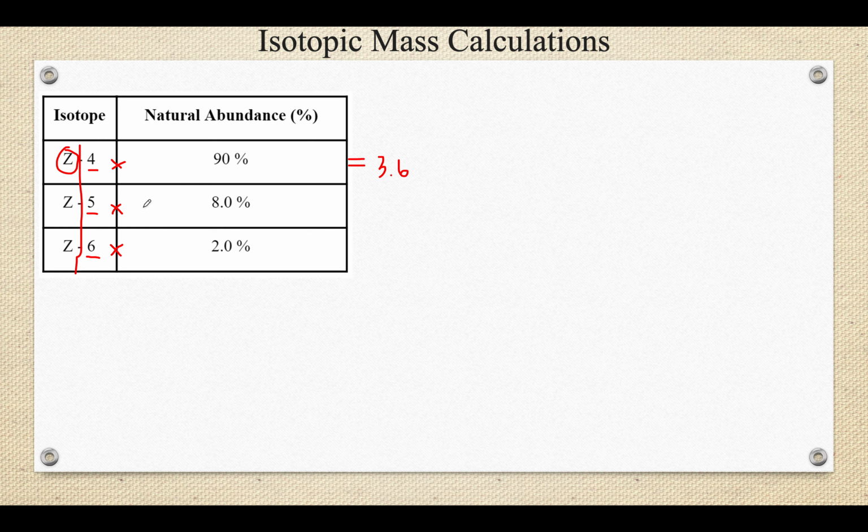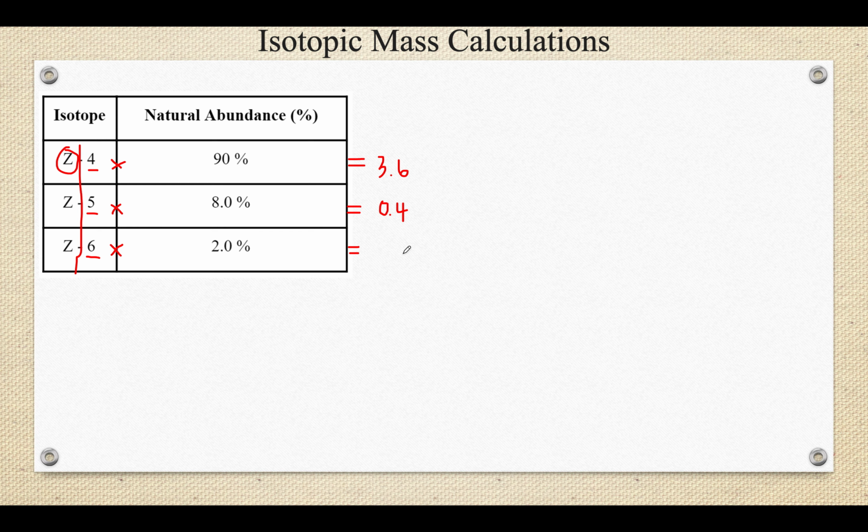Next, multiplying across, the isotope Z-5 has only 8% natural abundance. So 5 times 0.08 equals 0.4. And lastly, we have isotope Z-6, which has even less natural abundance, only 2%.